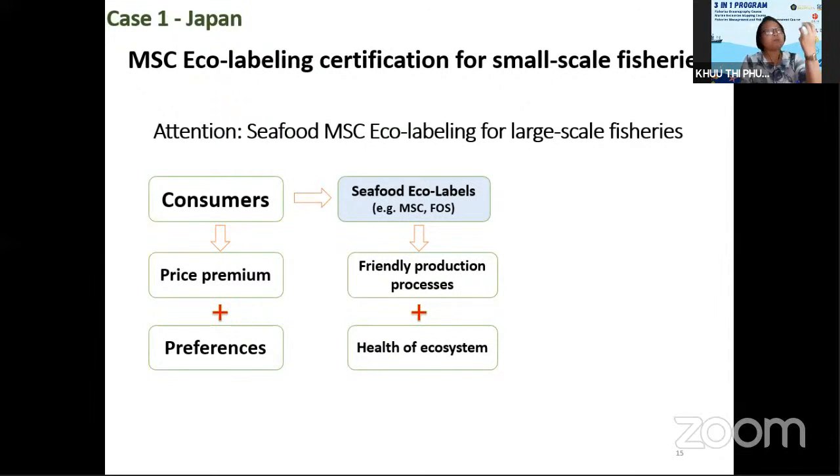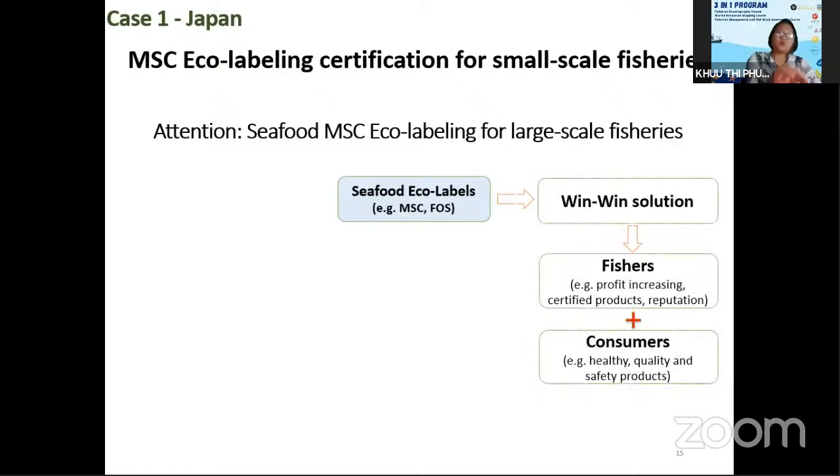When we apply MSC, consumers will pay a higher price premium, and consumers increasingly consider eco labeled products, increasing their preference and confidence. Seafood with eco labels like MSC or ASC means those products focus on a friendly production process and the health of ecosystems.